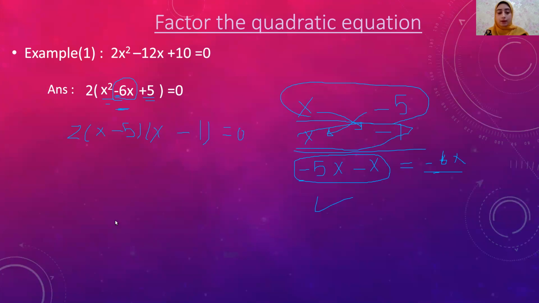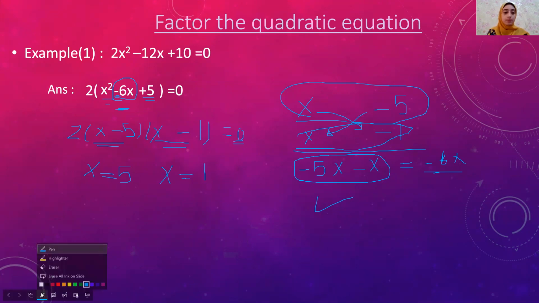Okay, now what's the value? We'll make this bracket equal 0 when x equals 5, right? And here, what's the value? What makes this bracket equal 0? Well, when x equals 1. So the solution here for this quadratic equation is x equals 5 and x equals 1.